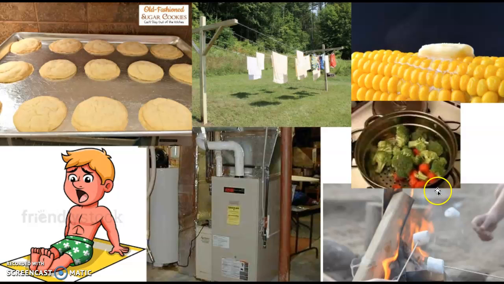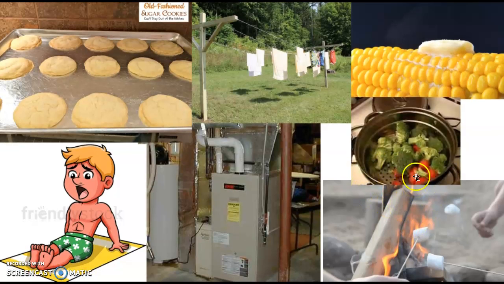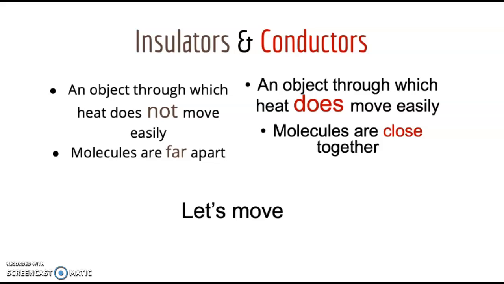It's convection, right? That hot boiling water underneath sends up hot air which is going to cook those vegetables. And the last one, when you're roasting those yummy marshmallows around the campfire, those marshmallows are melted due to, yes, hopefully you said radiation.